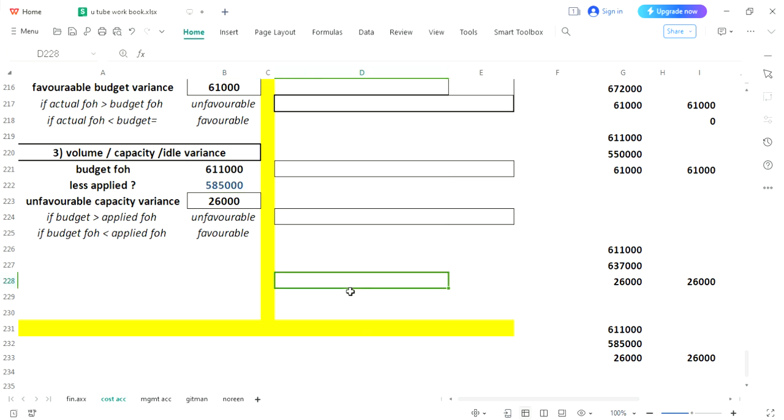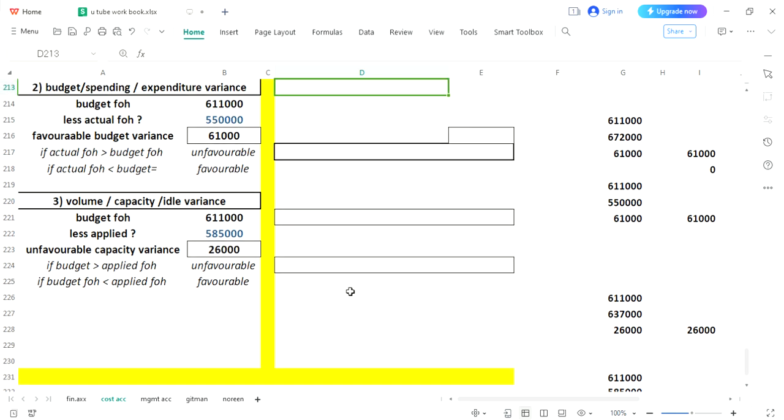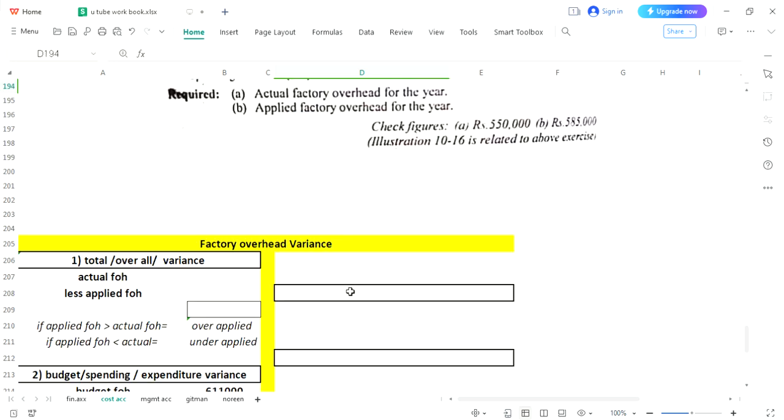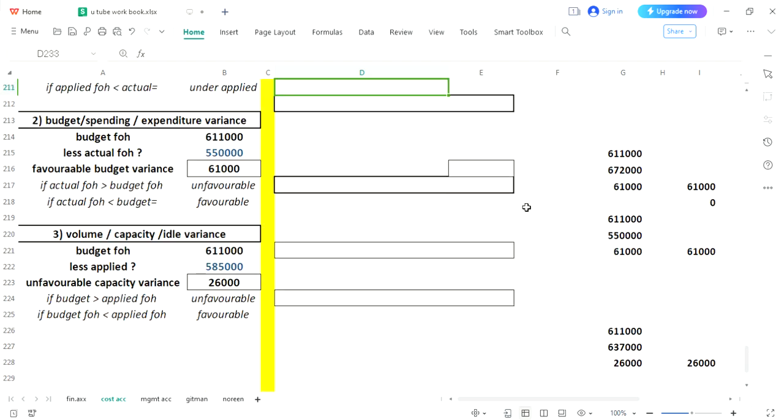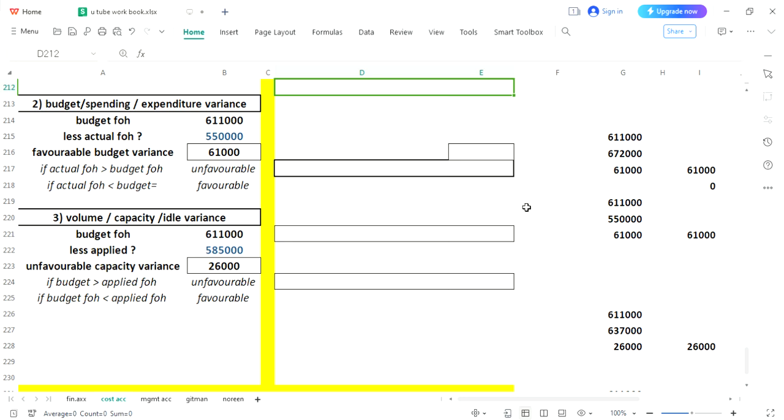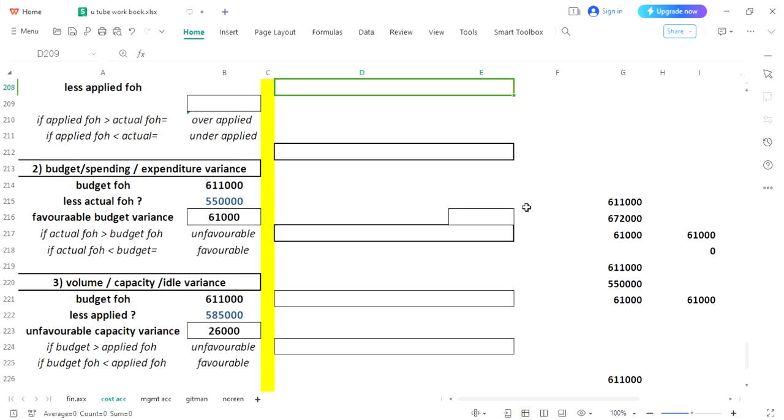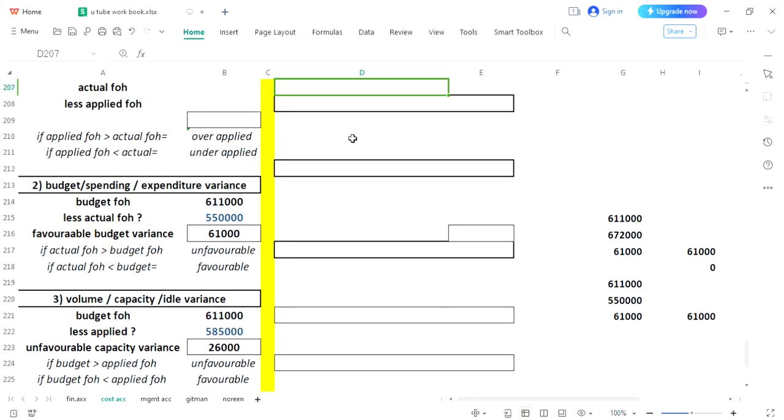These are two answers and we are going to match them with the question, but the problem is your understanding should be very strong. Here you can see 550,000 and 585,000, and our answers are matched. Hopefully you can see the value of this solution. Nothing has been written over here, we haven't even calculated.